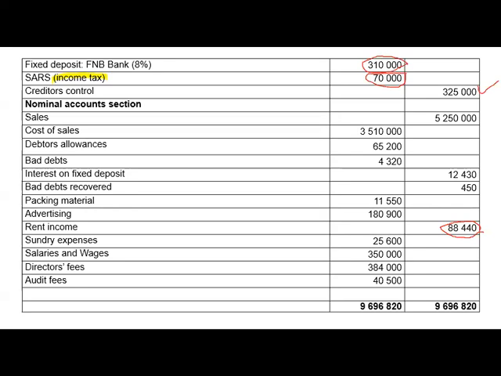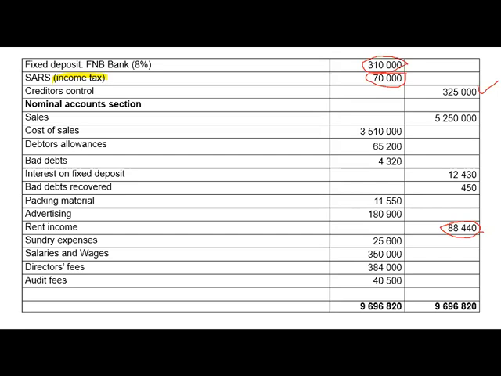So when you have SARS income tax, which is 70,000 and it's on the debit side, these are provisional payments. Provisional payments are payments we make towards our tax expense, even though we don't know what our tax expense is. So here we made provisional payments amounting to 70,000. This is the payments we made to our tax expense.